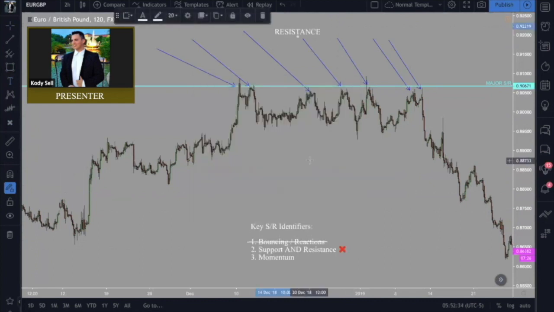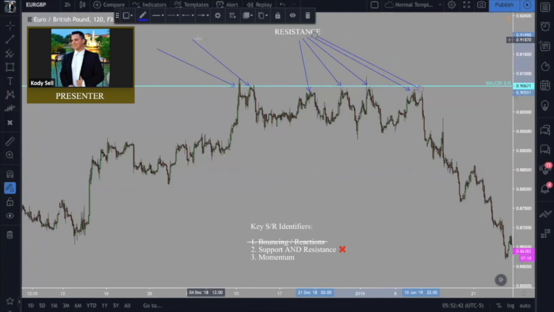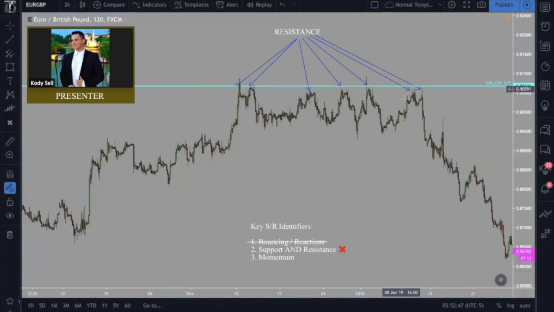We don't actually see any instances of this acting as support because price held here indefinitely. Now, we may see at a later time that price breaks through this level and that this level then turns to support. But because we don't see that here, we can't use that to solidify and ensure ourselves that we do indeed have a significant support and resistance zone. So we're not able to identify number 2.